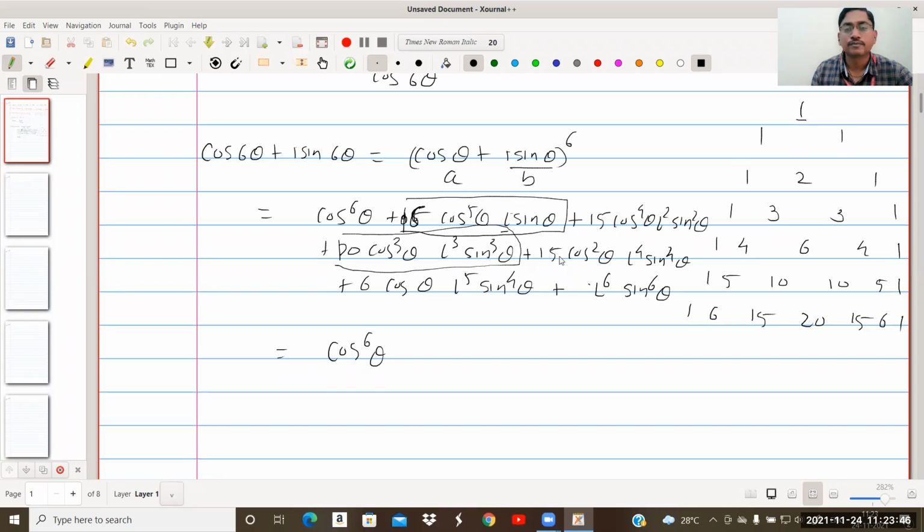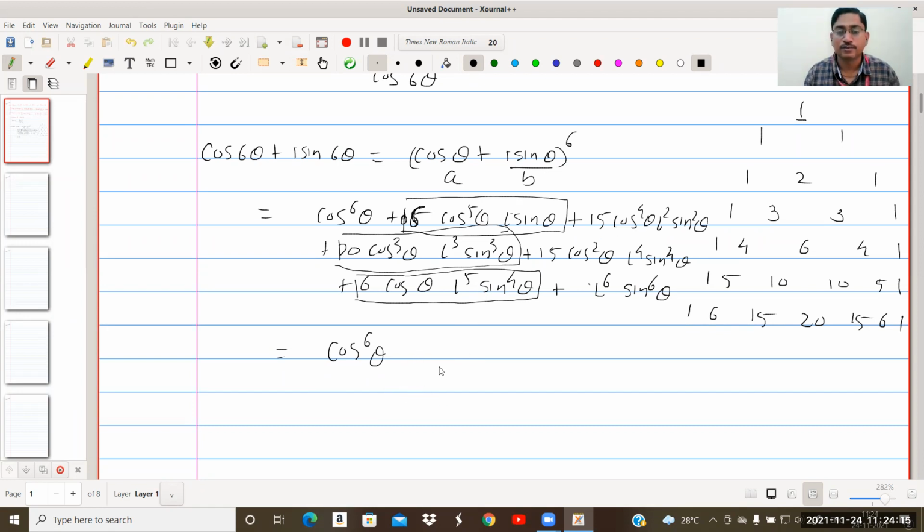The odd powers of i will give i or minus i, and even powers of i will give plus 1 and minus 1. So how many terms are there in total? Total 7 terms, among which 3 terms have coefficient i, and 4 terms are the real part.